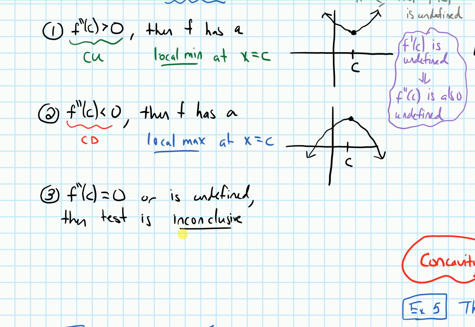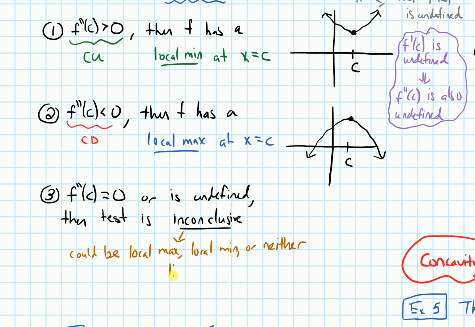So when we say it's inconclusive, that means there could be a local max, a local min, or neither at x equals c. We just don't know based off of the second derivative test.